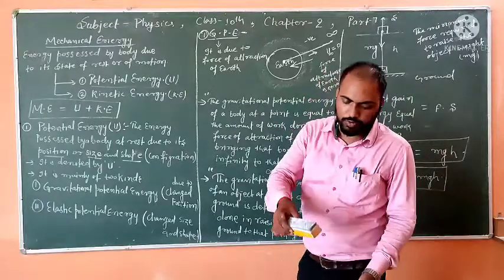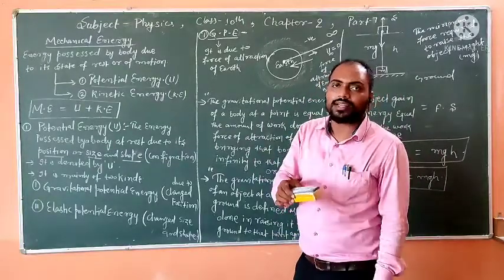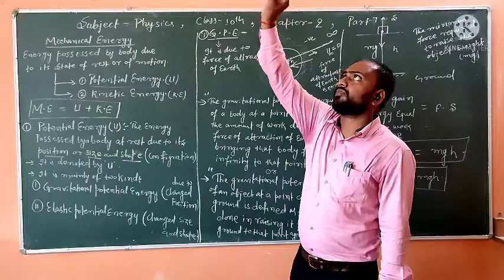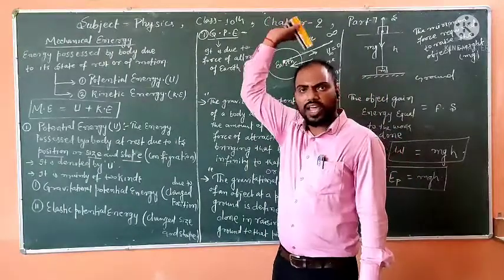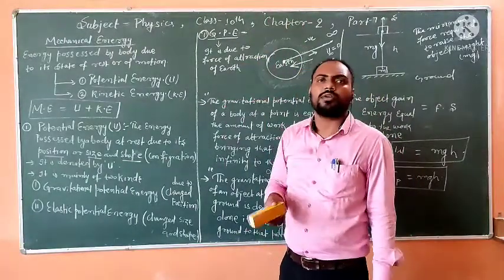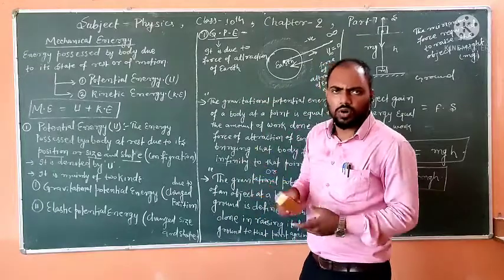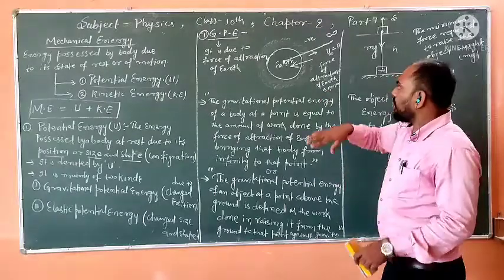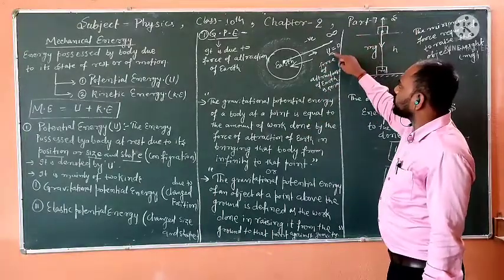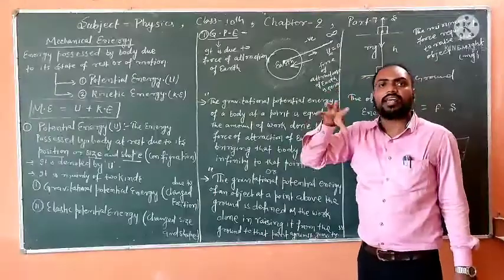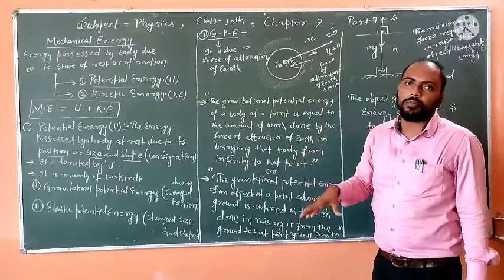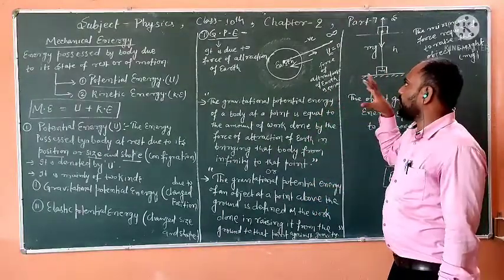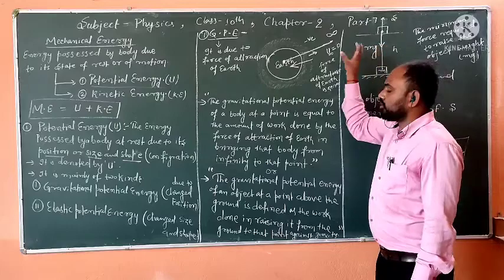When the body moves upward, the force of attraction decreases. When this marker is moved to infinity, the force of attraction of the earth will be zero. That's why there is no force of attraction at infinity, so the gravitational potential energy of the body at infinity is zero.